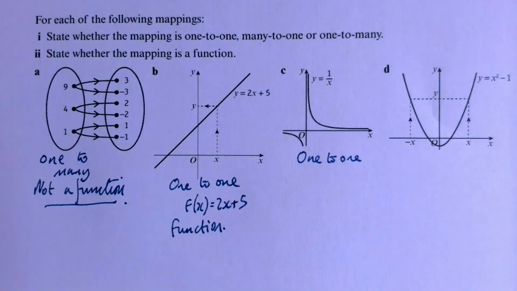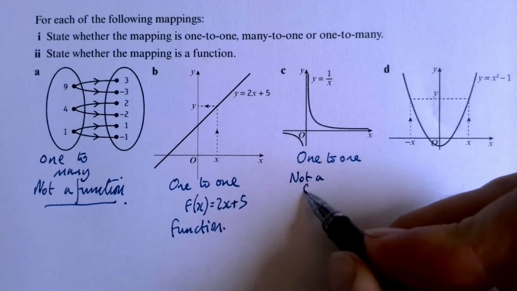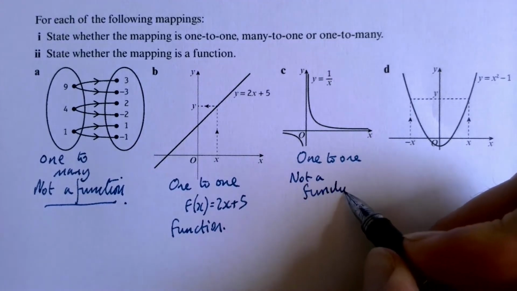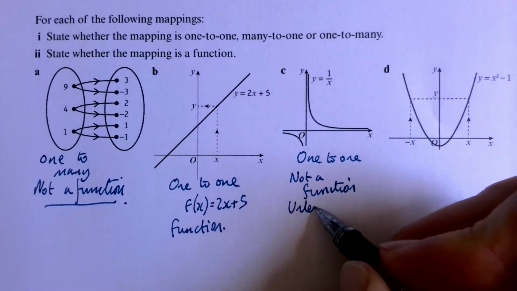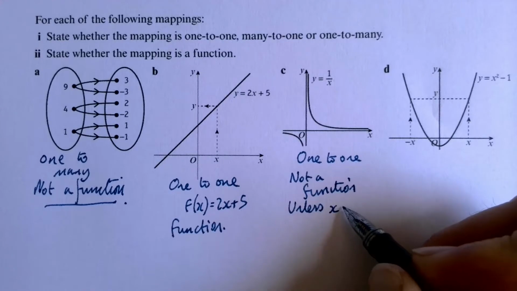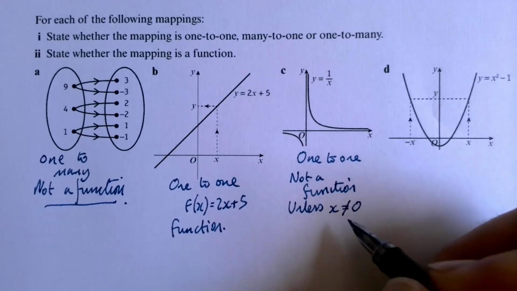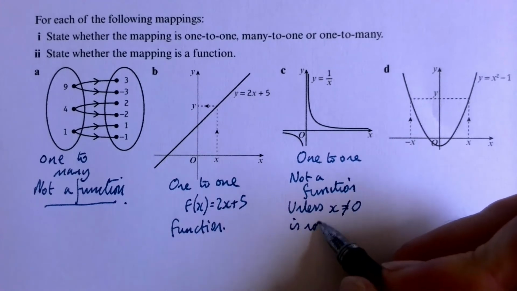The questions we're asking it, it's not giving us anything, therefore it's not a function unless x equals 0 is ruled out of the domain, is not in the domain.